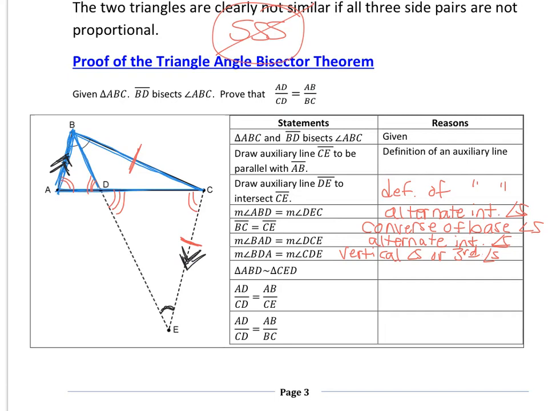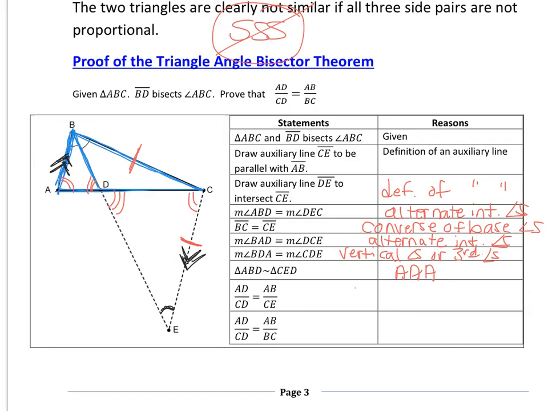And then finally, why are the two triangles similar? I almost said congruent. Why are the two triangles similar? Well, angle, angle, angle. All three pairs of angles are congruent. So if they are similar, then AD is between the double and the triple arc. AD is to CD, also between the double and the triple, as AB, between the single and the double, is to CE.